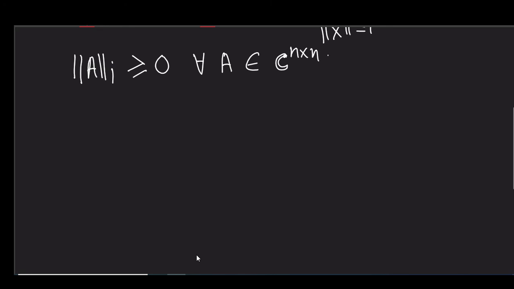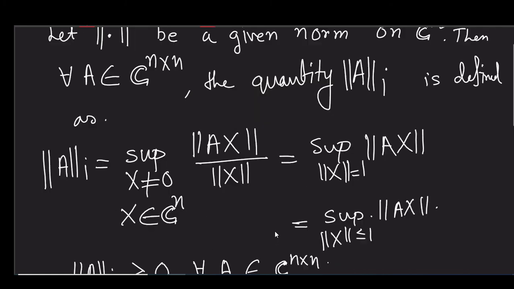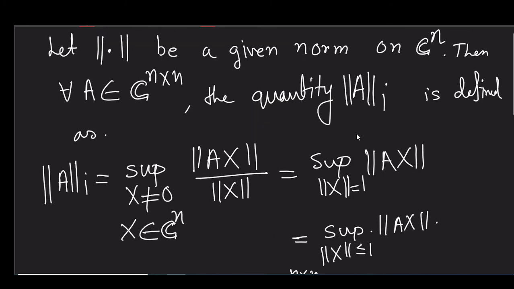Like we can show that the norm of A is greater than or equal to 0 for all A belongs to C^{n×n}. Why so? Because what you are actually doing here, try to understand, if you multiply it with a vector, what operation are you carrying out? Think about it.